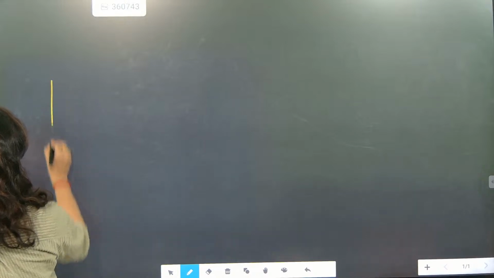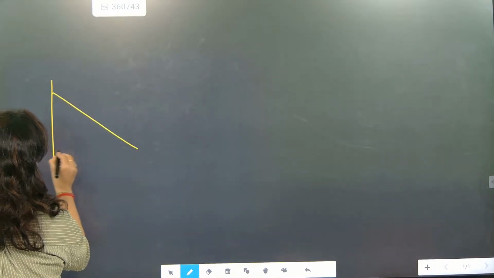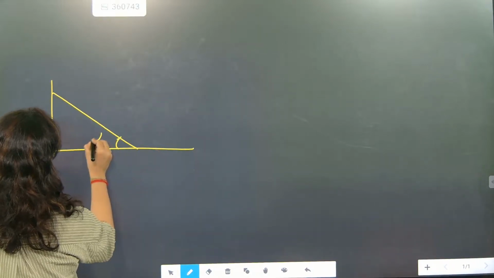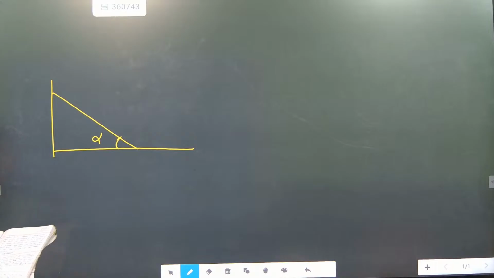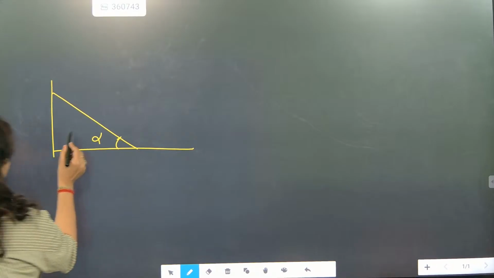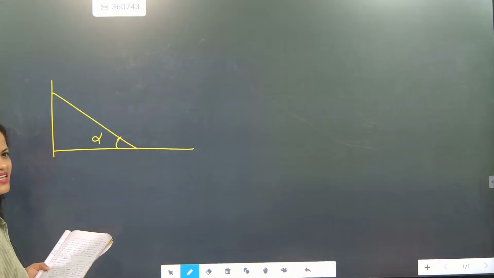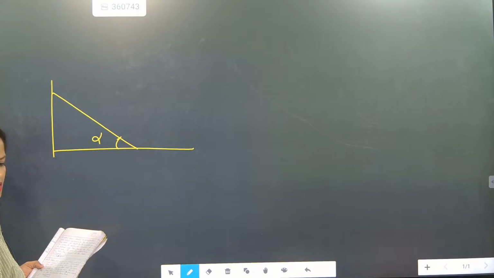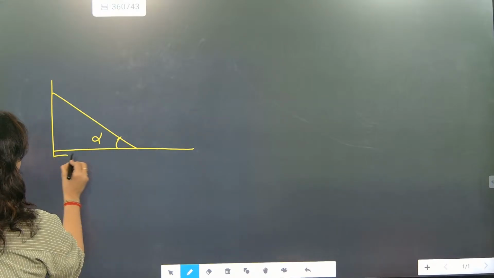A ladder rests against a vertical wall at an inclination of alpha. Okay. So because this is exactly the ladder and it is getting an inclination alpha with the horizontal. If the foot is pulled away from the wall through a distance p, so that means now same question here. So this is y.